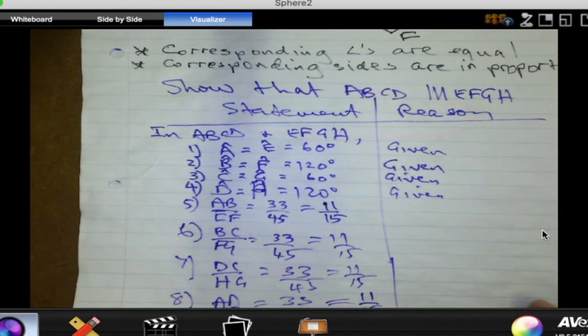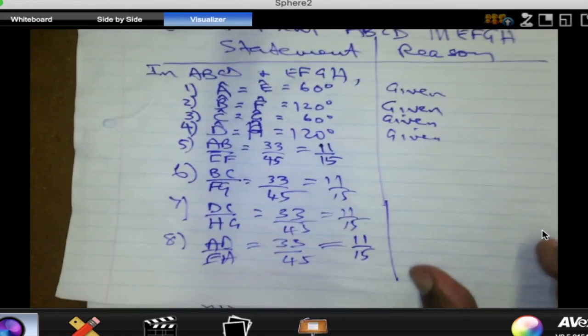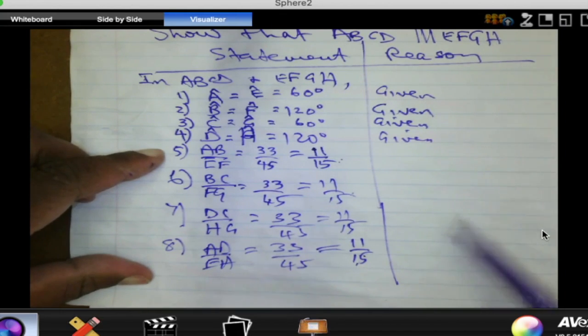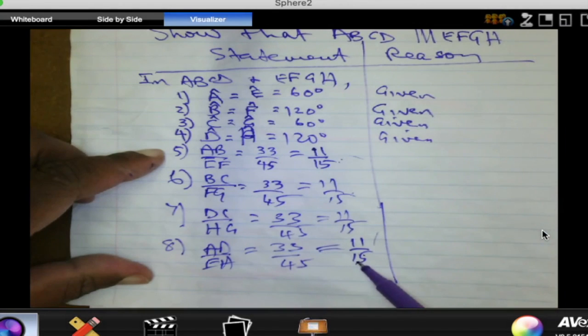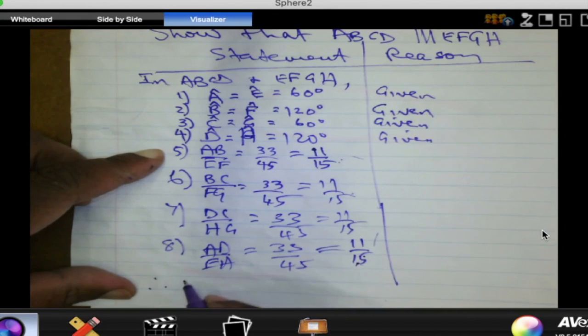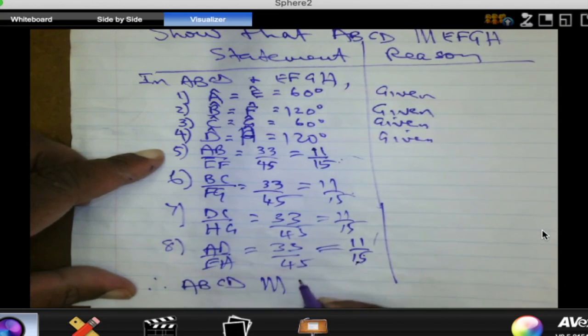So what are we getting from this? We're getting to understand that the sides are in the same ratio because the ratios are equal in all cases. Now the ratios are equal, which means the sides are proportional, and the angles are equal. So the conclusion is, therefore, ABCD is similar to EFGH.